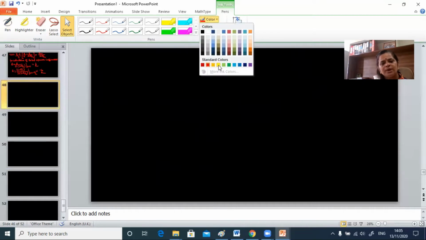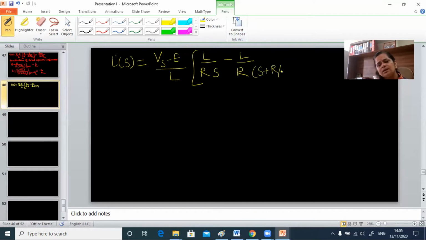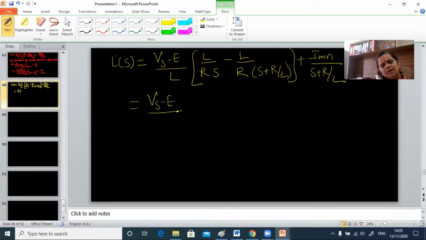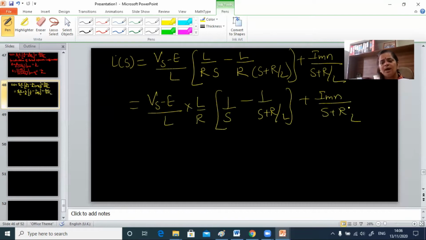I(S) is equal to Vs minus E by L, the value of A is L by R into 1 by S, the value of B is minus L by R, and then 1 upon S plus R by L, plus I minimum upon S plus R by L. Now here L by R I can take common. So Vs minus E by L into L by R, and in the bracket I will get 1 upon S minus 1 upon S plus R by L, plus I minimum upon S plus R by L.